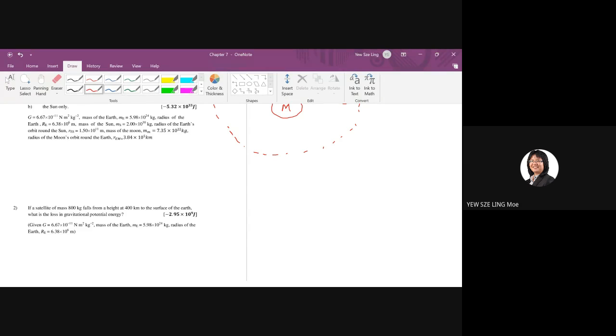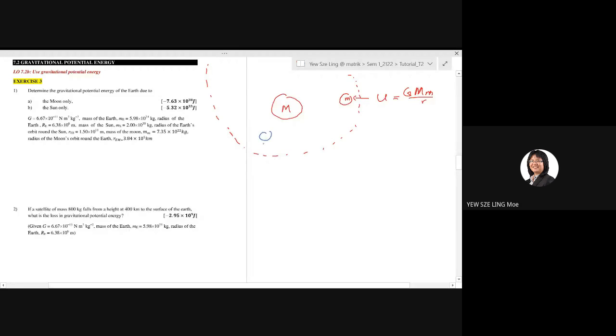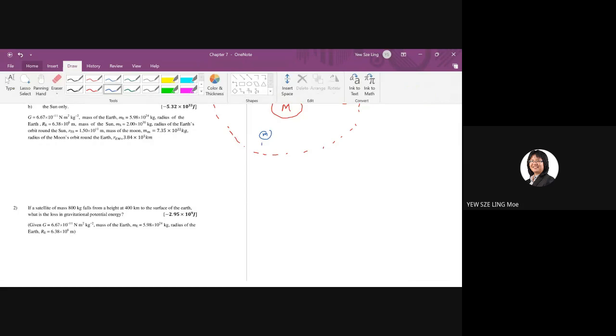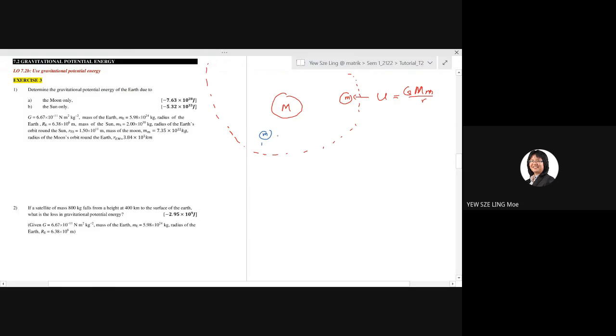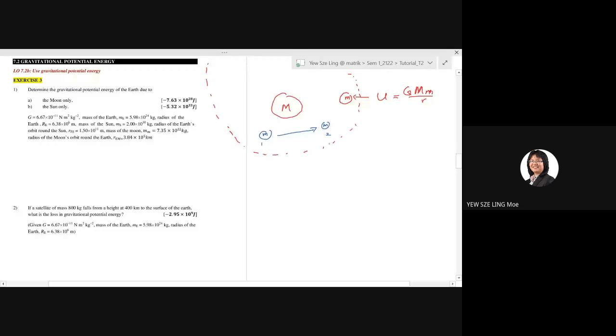Now, in another case, we move the test mass. Let's say this is a test mass at point 1, and now we move it to point 2. Both of these points are located inside the gravitational field of the point mass.